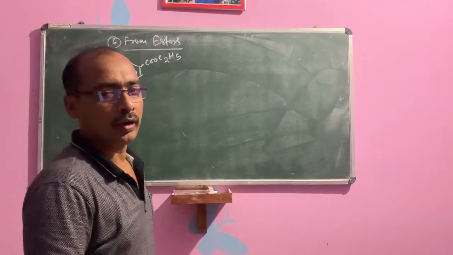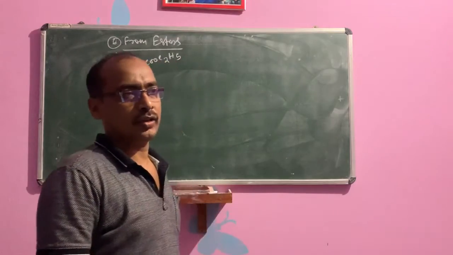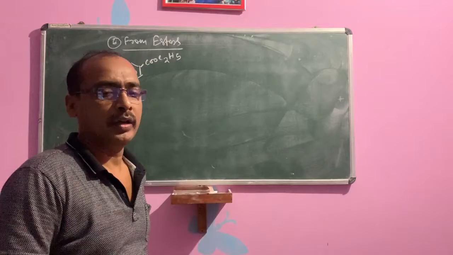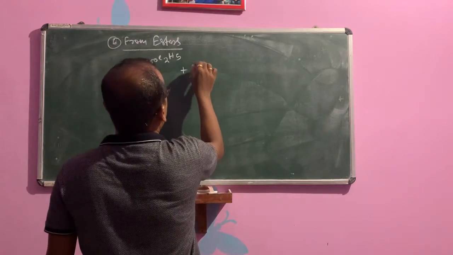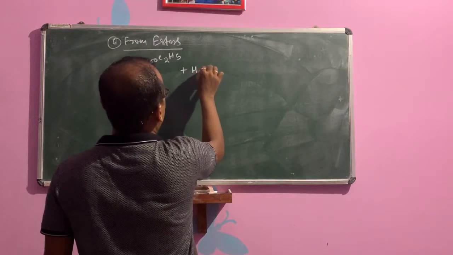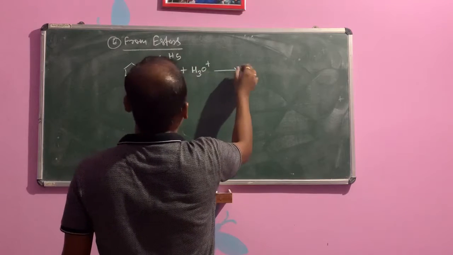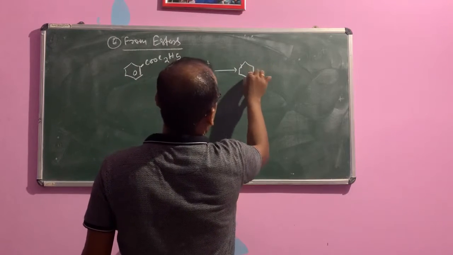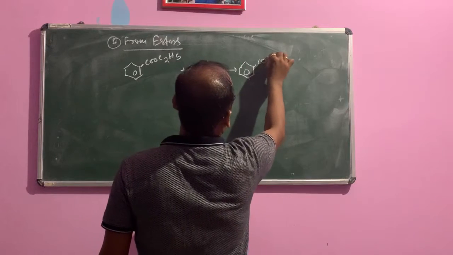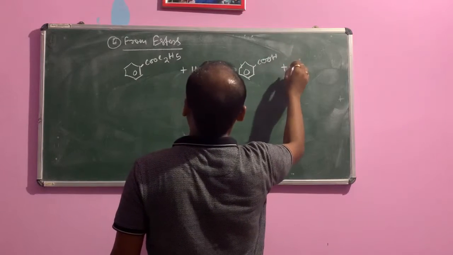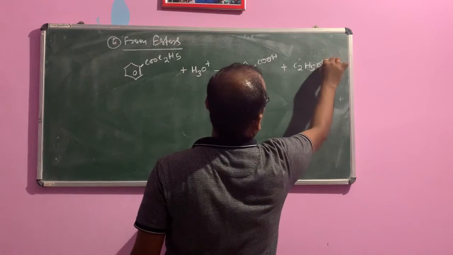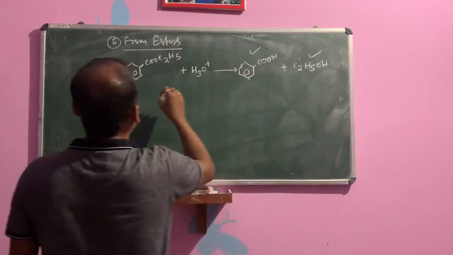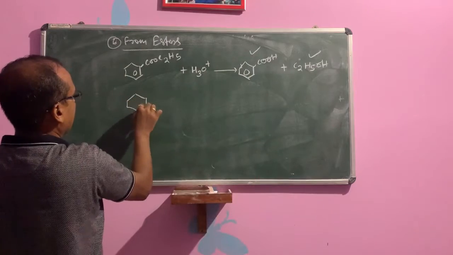When it is hydrolyzed with acid, H3O plus, in presence of acid, it will form benzoic acid, C6H5-COOH, plus C2H5OH, alcohol.